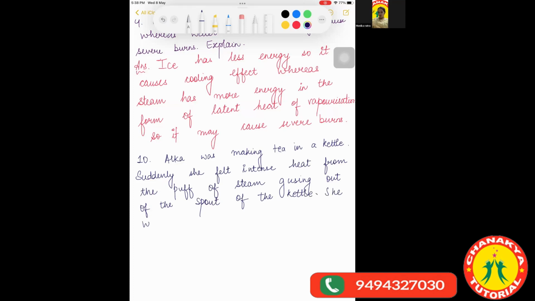So she wondered whether the temperature of steam was higher than that of the boiling water in the kettle.